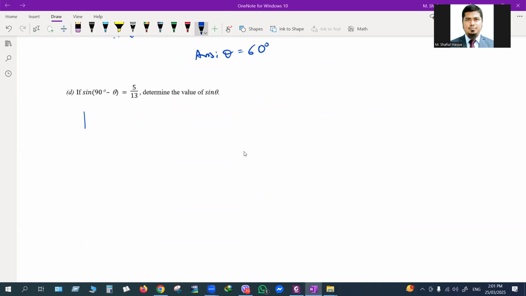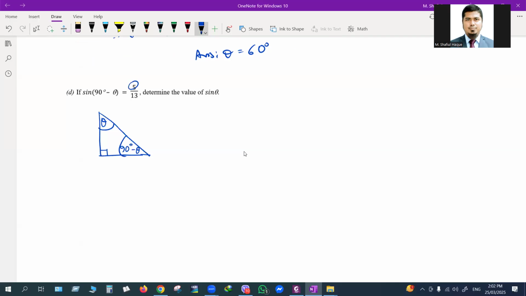You can see this is a triangle, right angle triangle. If this is the angle theta, then this angle, this is a 90 degree angle, right angle triangle. So this angle will be 90 degree minus theta. So it is given sin 90 degree minus theta, that is opposite by hypotenuse.